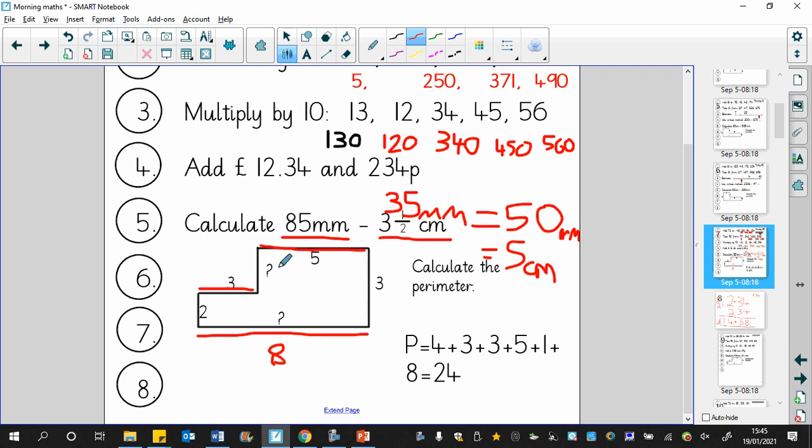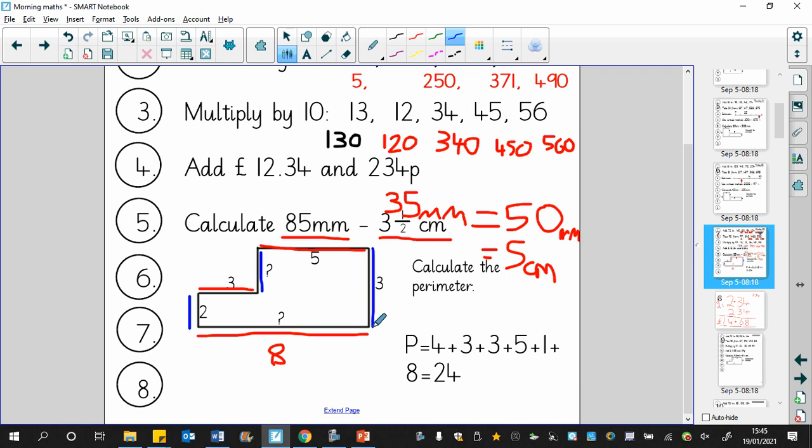And now, to work out, let's use a different colour pen, let's use a blue. Now, to work out this blue line, we've got that vertical line, we've got that line, and we've got that blue line there.